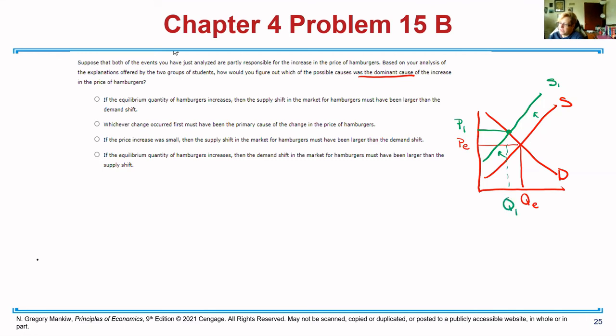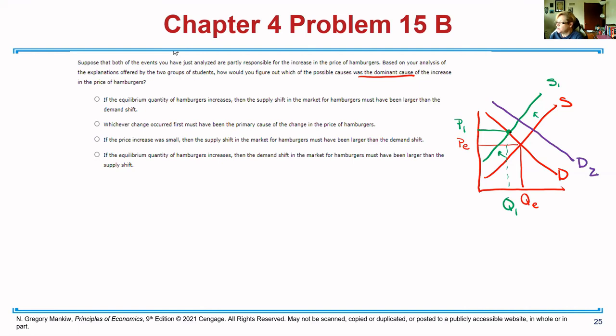The second group believes that it was the number of buyers. If I do that in purple, I think you'll be able to see it. The second effect is that the demand curve is going to shift outward. The second group of students believes that. We'll call that D2, just to keep everything straight.